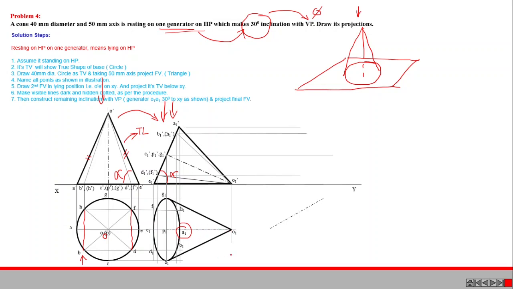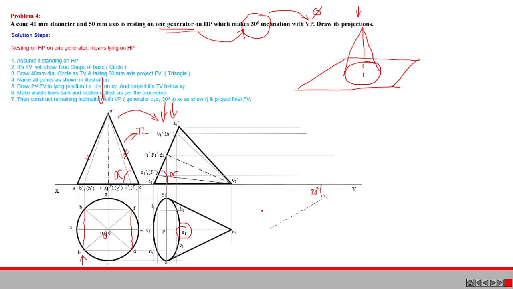Then we can rotate this particular figure in such a way that E1 O1 makes an angle of 30 degree with XY line. For that purpose, we can draw a construction line like this, which is inclined 30 degree with the XY line.